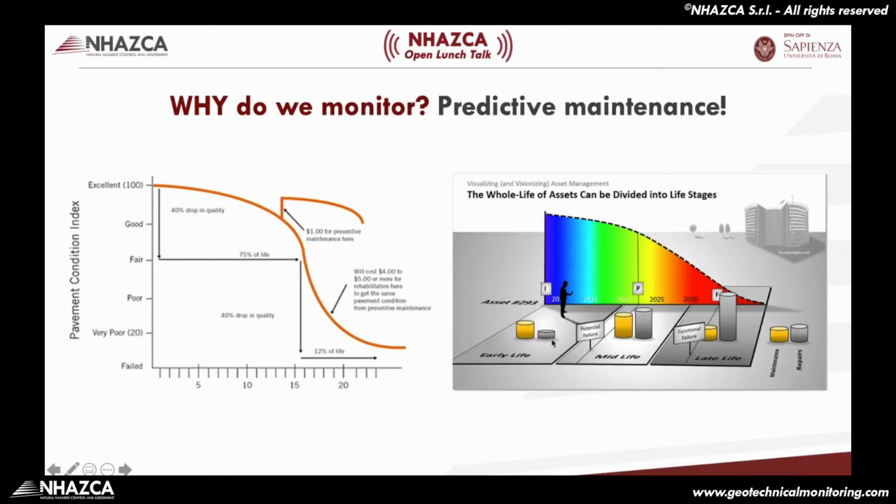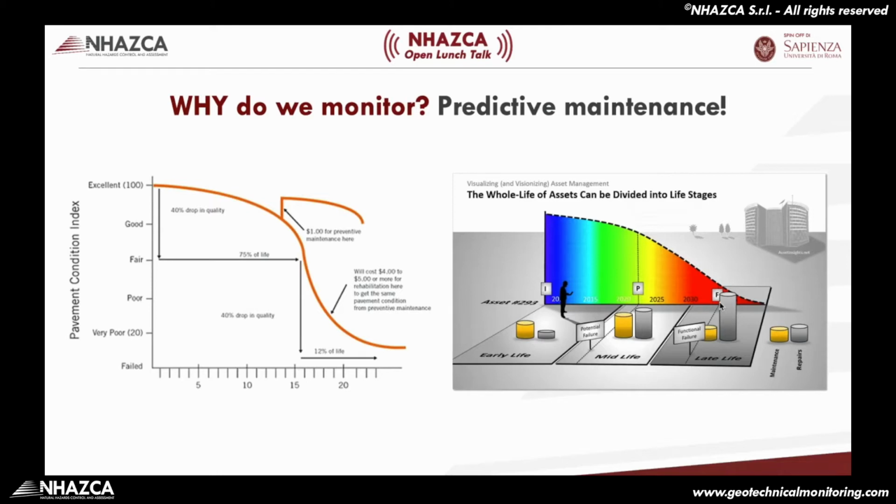And at the same time, it is quite evident that in the early life, of course, the maintenance cost can always be the same, but the repair costs become higher if you don't take any maintenance actions, and monitoring may allow people to understand where and when it is relevant to take some maintenance actions.